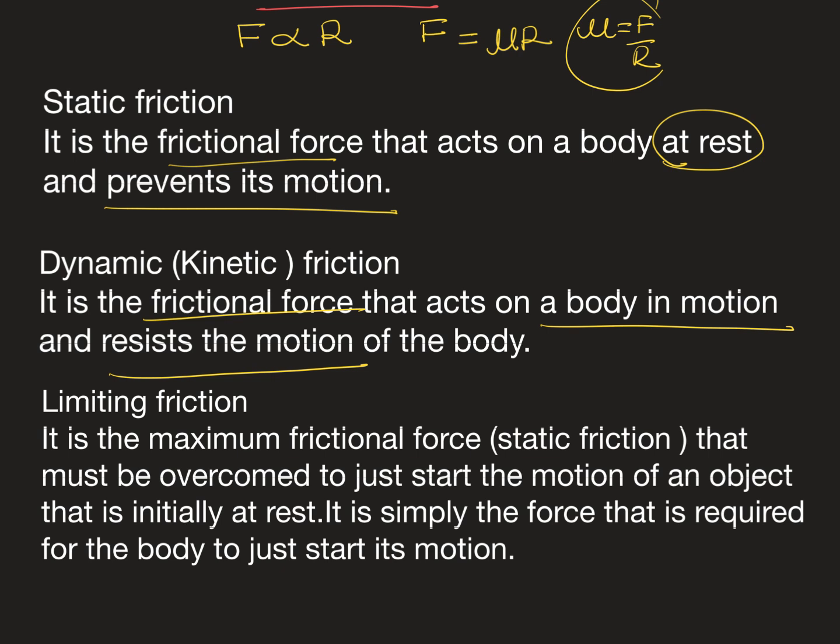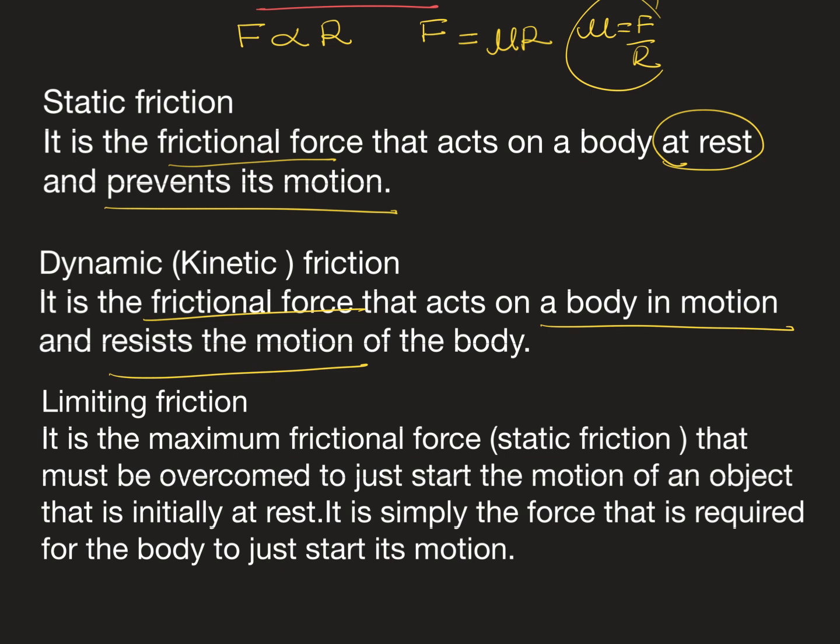So even if the body is moving, it tries to resist its motion. It tries to show some opposition. That type of friction is what we call dynamic friction. Okay? Then we move on to another type of friction that we call limiting friction.